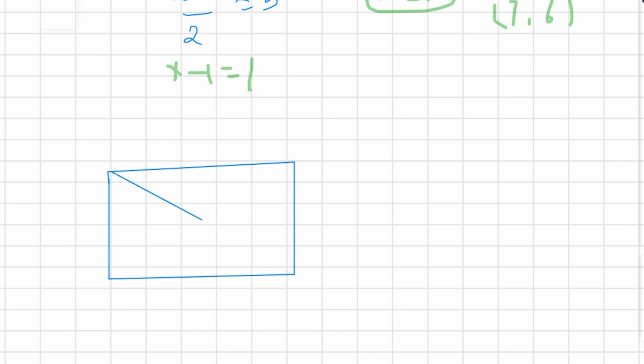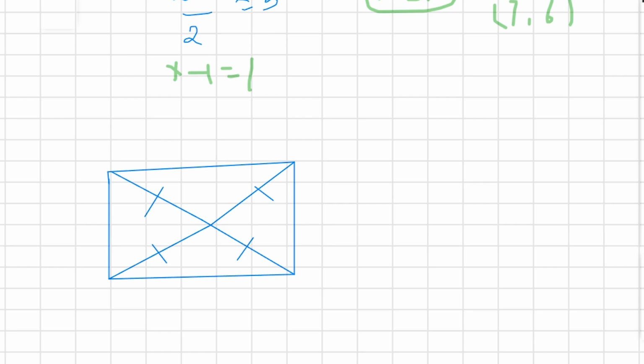This side is equal to this side. It is also equal to this side. And it is also equal to this side. That means these are all equal.